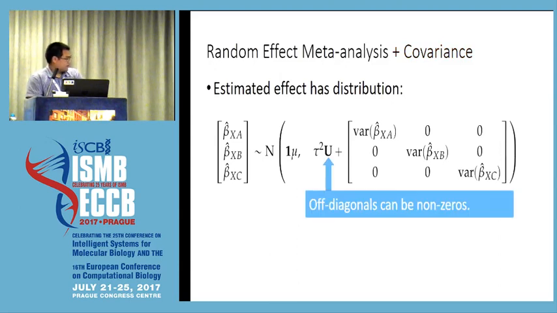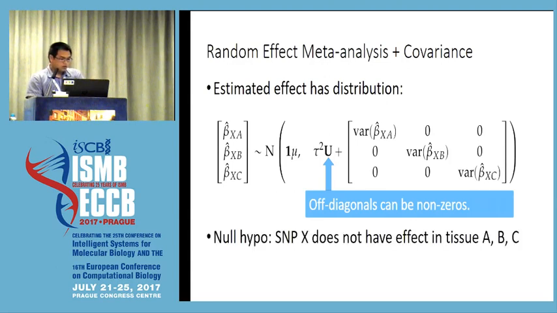Observe that because the off diagonals are non-zero, now you are able to capture the fact that the estimated effects can be correlated across different tissues. You would still have the same null hypothesis that X does not have an effect in tissue A, B, and C. Again, this null hypothesis is the same as testing if mu is equal to 0 and tau square is equal to 0.